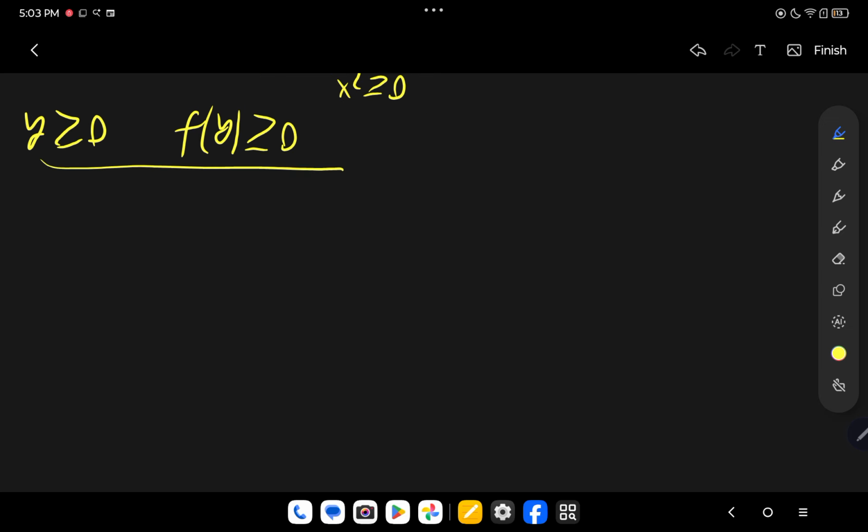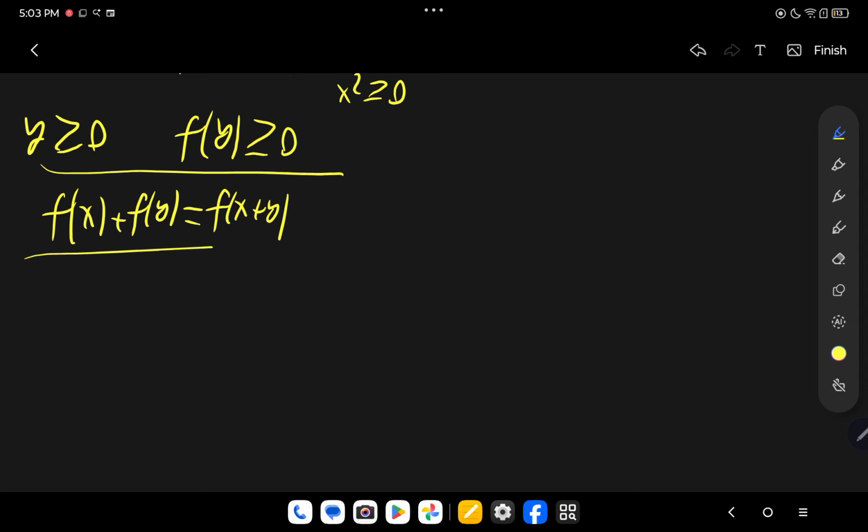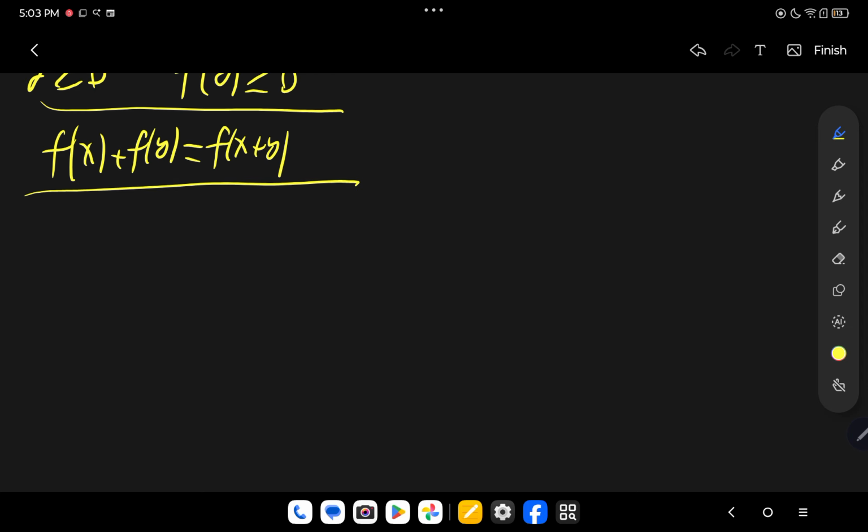So using this and using that f is a Cauchy function, we know the theorem that if these two are true, then f is a linear function, so f(x) equals ax plus b for some a and b.